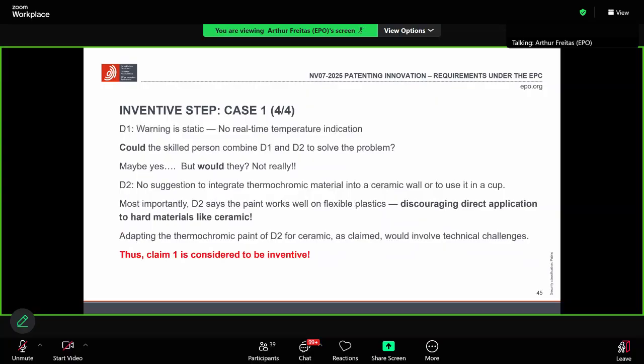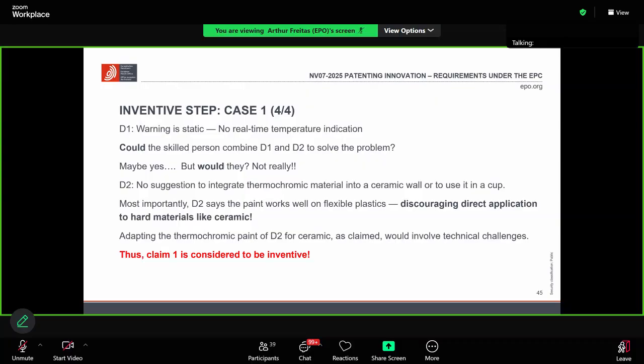And in this case, it seems that it would not work, because D2, by saying that it works with plastics and needs to be flexible, is actually teaching away from this combination. It's discouraging the direct application to hard materials like ceramic. Maybe I use that paint and then it turns out it's changing color at 30 degrees, because ceramic is a much better conductor of temperature, right?